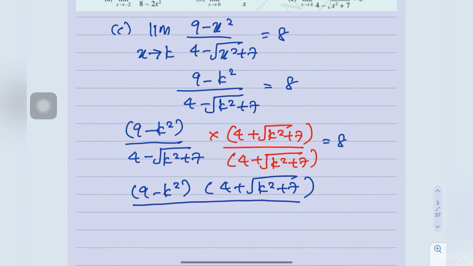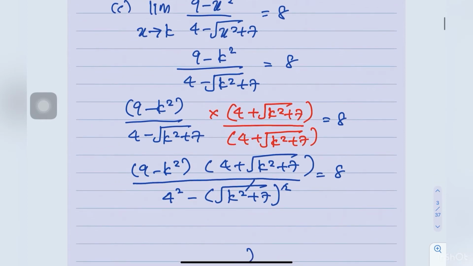For the denominator, we have the formula (a minus b)(a plus b) becomes a squared minus b squared. So here we have 4 squared minus the square root of (k squared plus 7), squared. Then we can cancel off this thing, and the last step is to simplify.